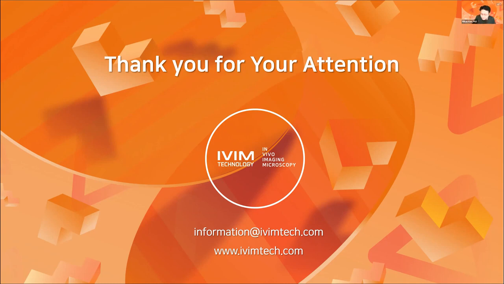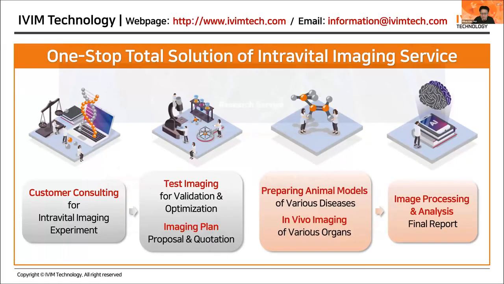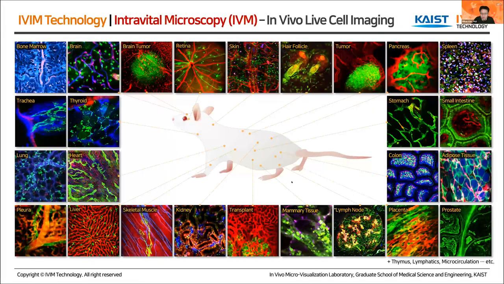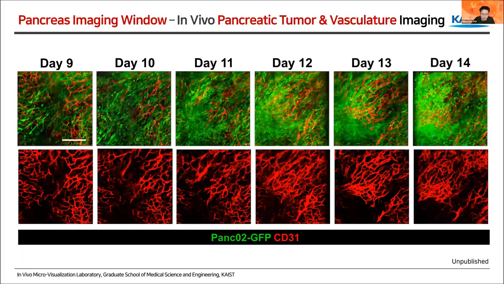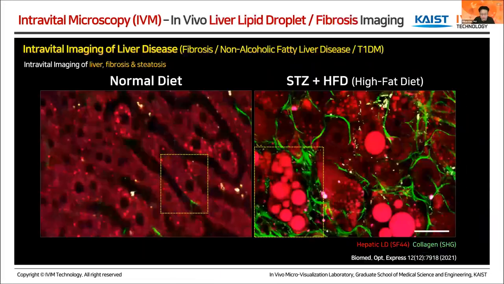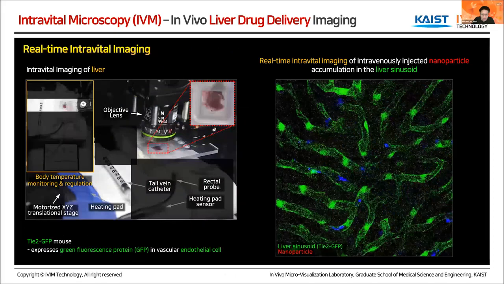Okay, in this case, our imaging speed is 30 frames per second. So what we can do is take a video while changing the depths. We take a 3D video, changing the depths, and then later we can do AI processing to reduce the noise in the video.